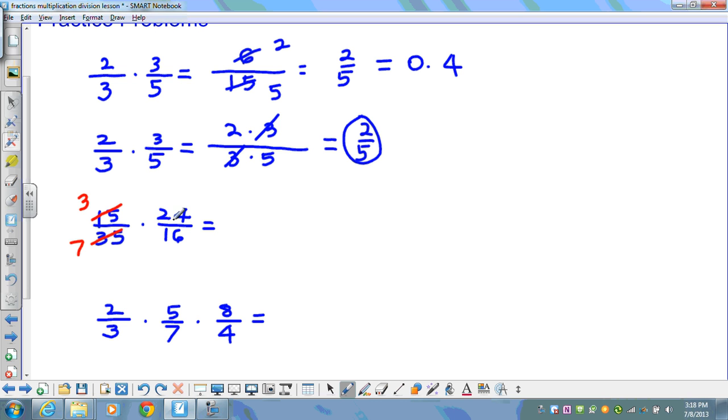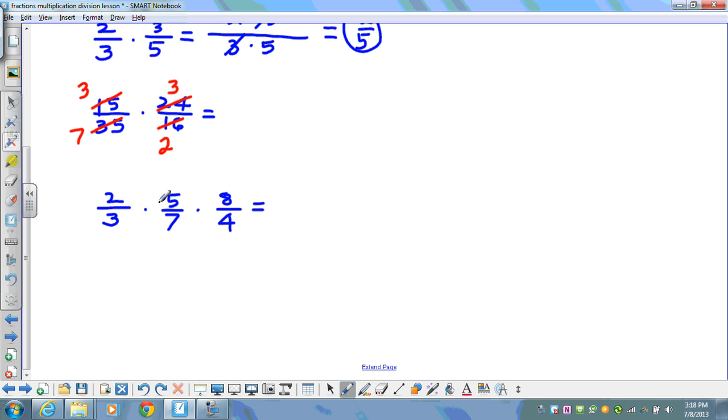As a matter of fact, 8 goes into both of them, so 8 goes into 16 2 times, and 8 goes into 24 3 times. So we can write the product as 3 times 3 in the numerator, over 7 times 2 in the denominator. So simplifying that, we will get 9 over 14.